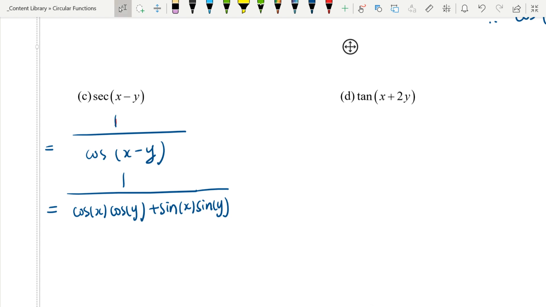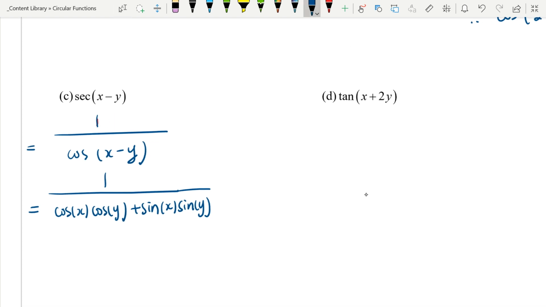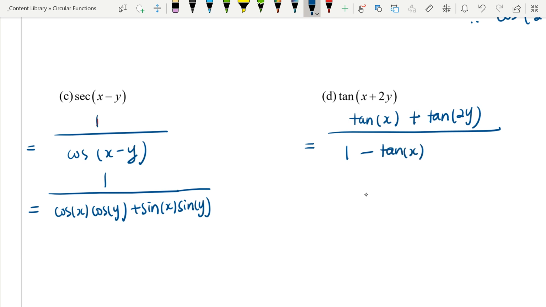You stop there and you do the calculation. I don't want to continue. I don't want to do the calculation. What's the tangent of x plus 2y? Just do the compound angle formula first. So what's the top? Yep. 1 minus tan x tan y.